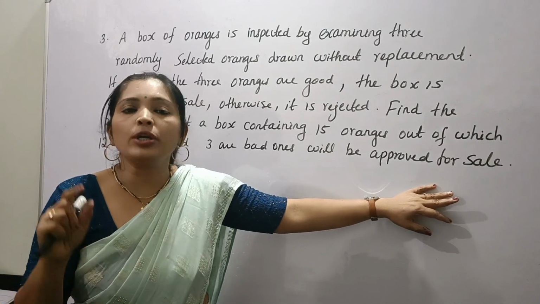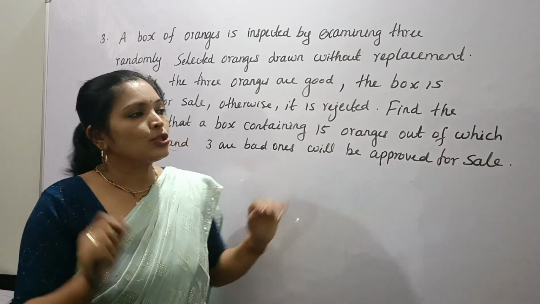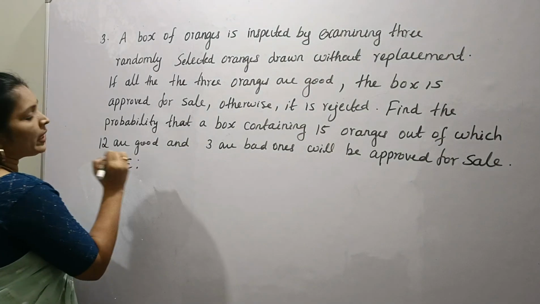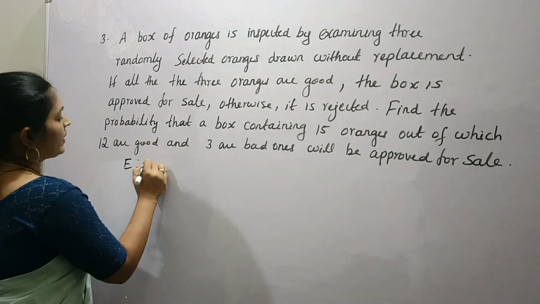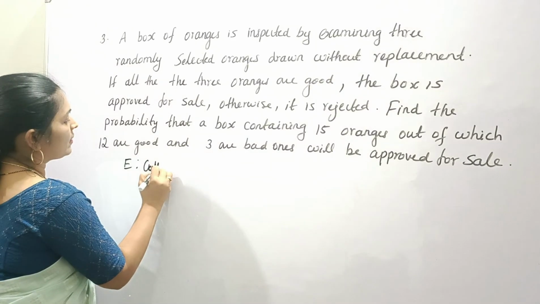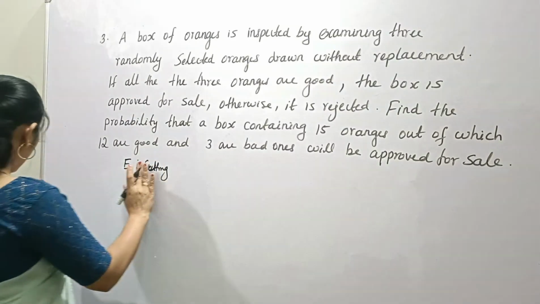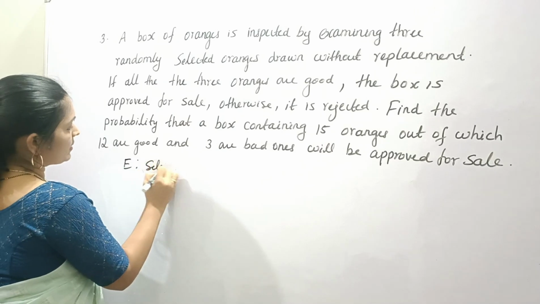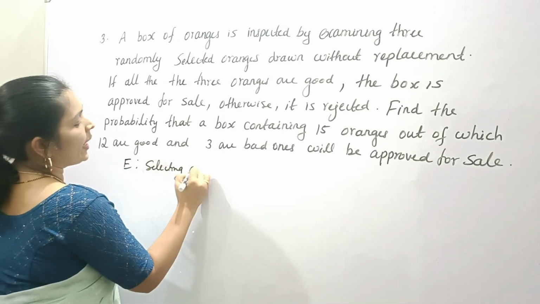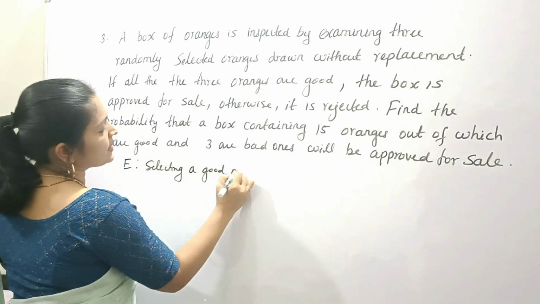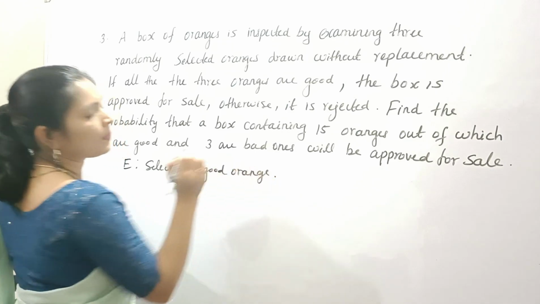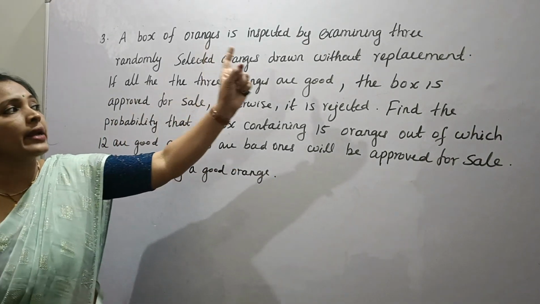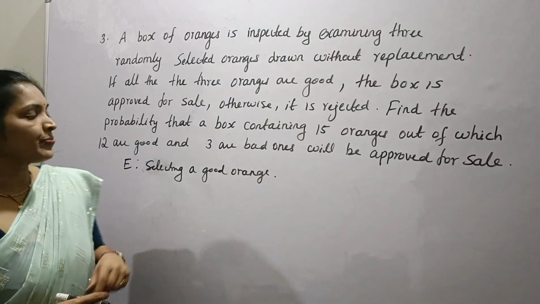So here for that, let E be the event selecting a good orange. Okay, selecting a good orange. Here 3 oranges are drawn at random without replacement.